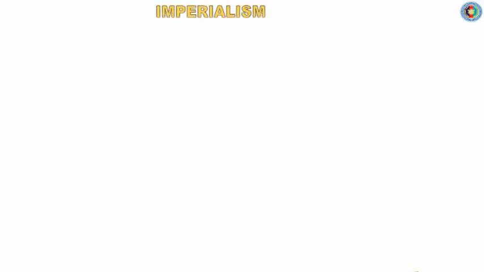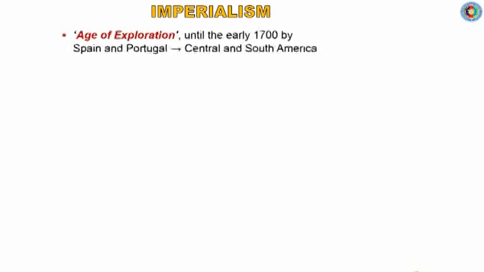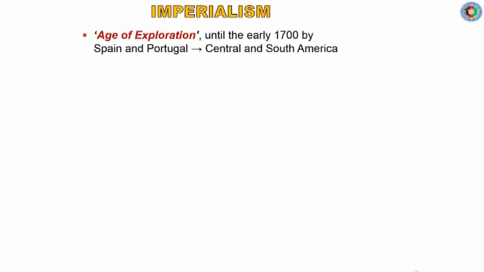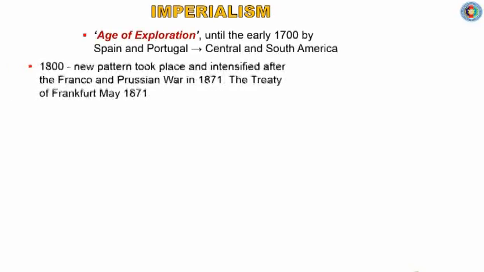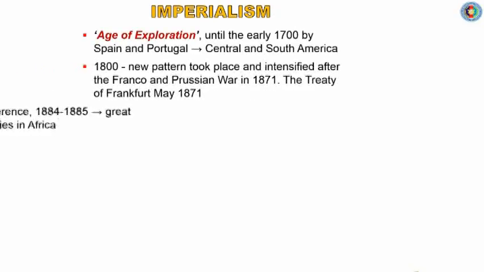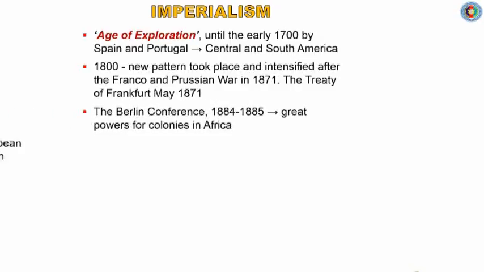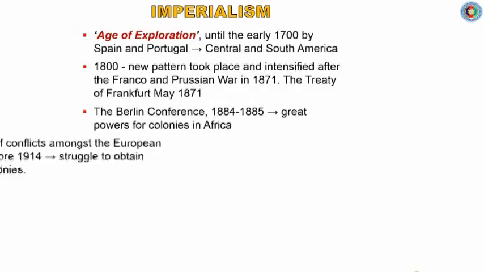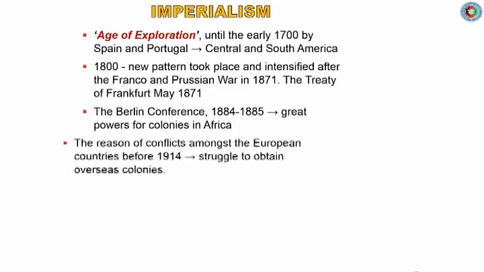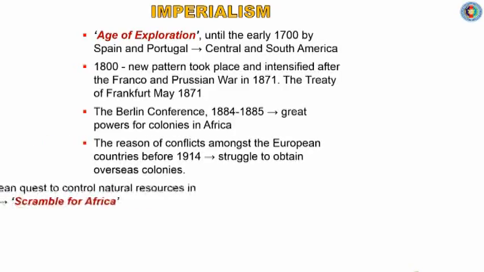Imperialism began with the age of explorations until the early 1700s by Spain and Portugal, which is Central and South America. In 1800, new patterns took place and intensified after the Franco-Prussian War in 1871.